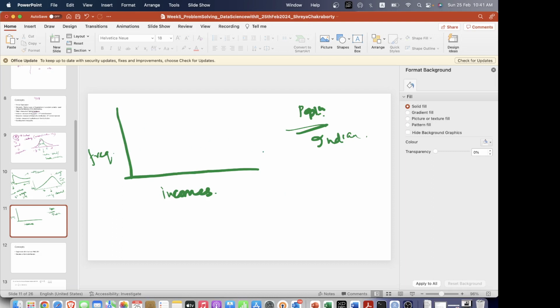Will it be a positively skewed curve or will it be a negatively skewed curve? Just guess. Try to make a guess about it.